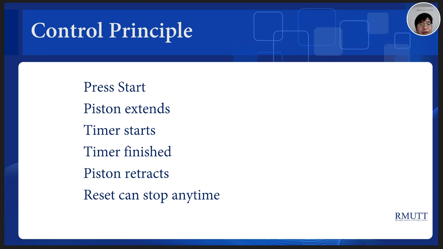When the preset time is reached, the piston retracts automatically. The reset button can stop the system at any time for safety. This is a typical sequential control with timer function.